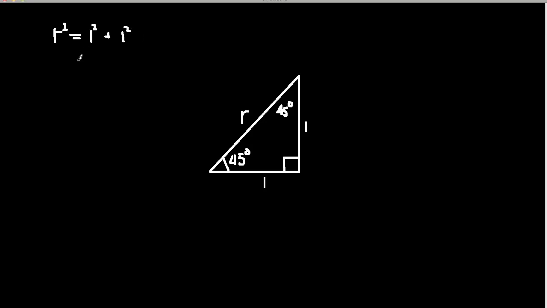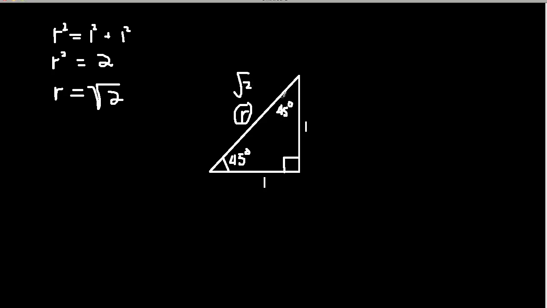And that is equal to 2. So r squared equals 2 means that r is equal to the square root of 2. Okay, so r is equal to the square root of 2 right here.